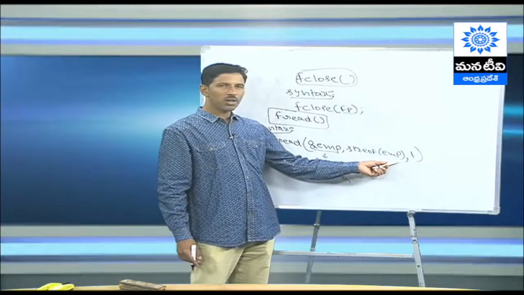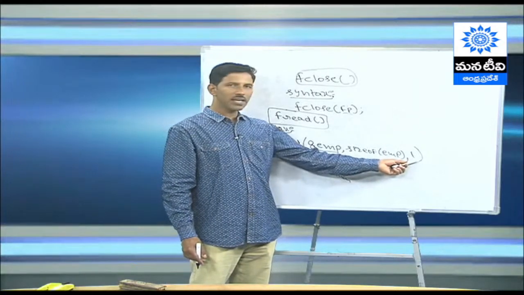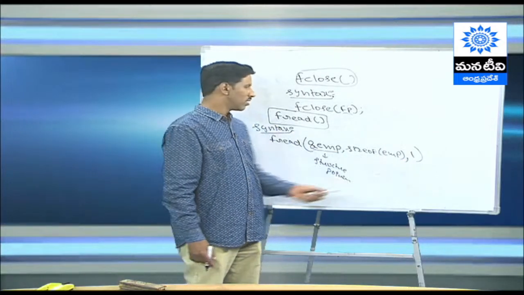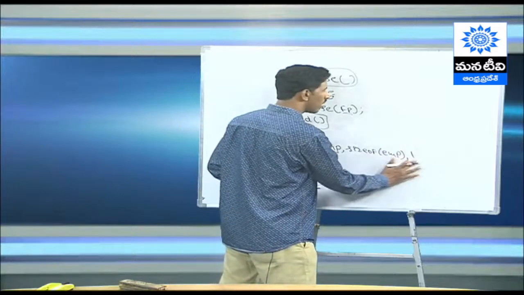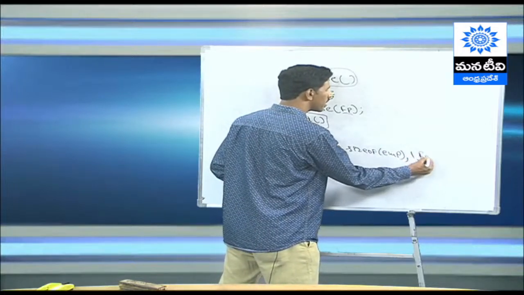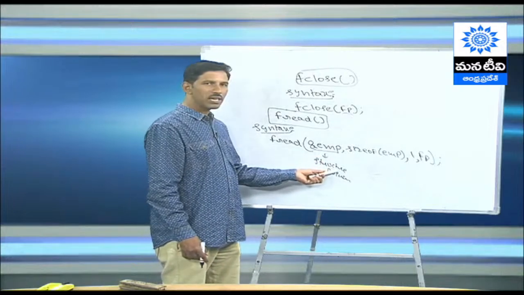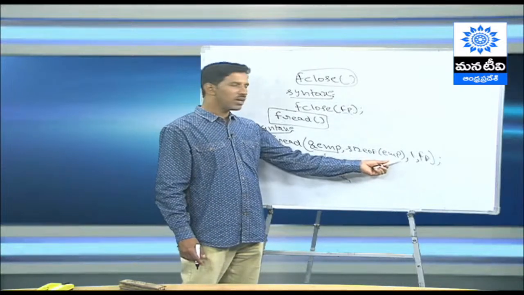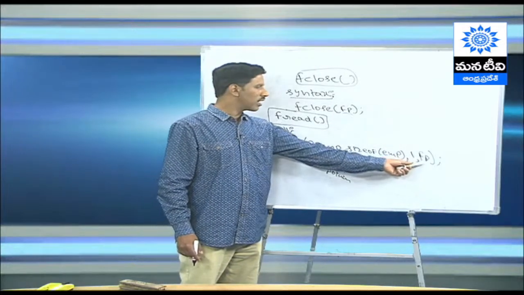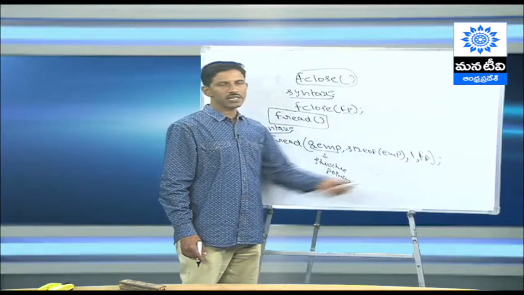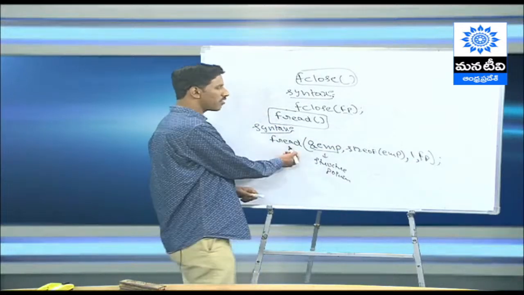This size of employee memory is created. Here finally you have to use FP, called the file pointer. Address of employee structure, size of employee, 1 indicates one employee, FP called as what? File pointer.